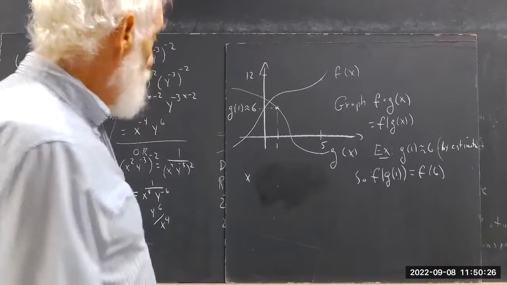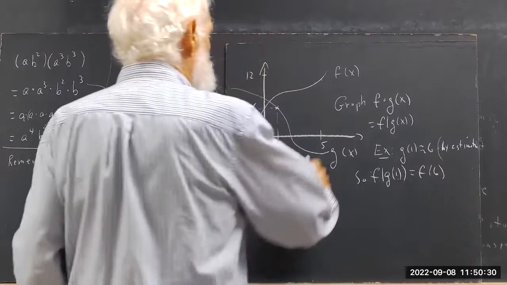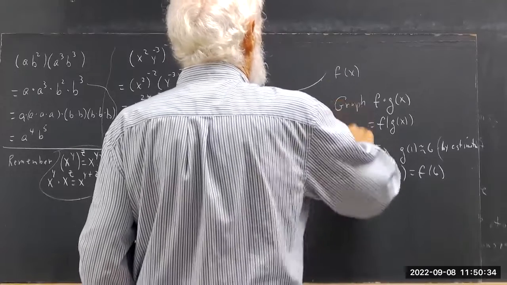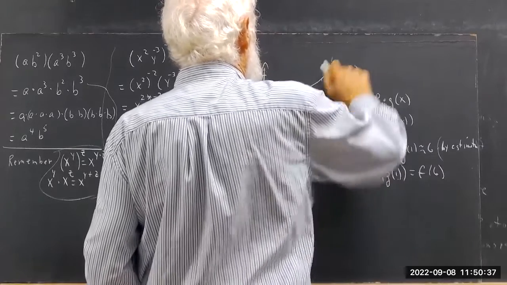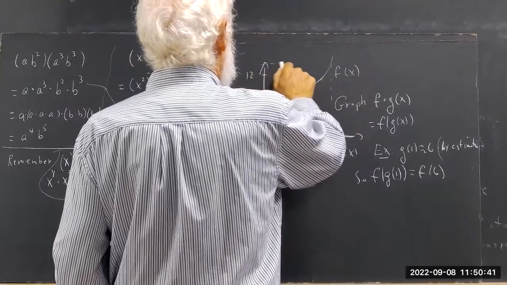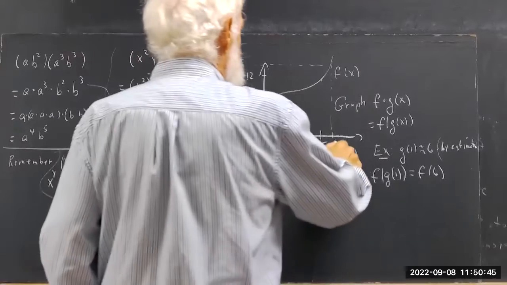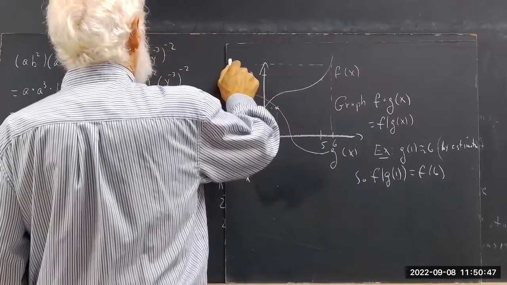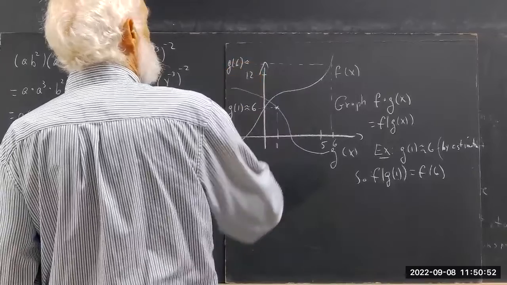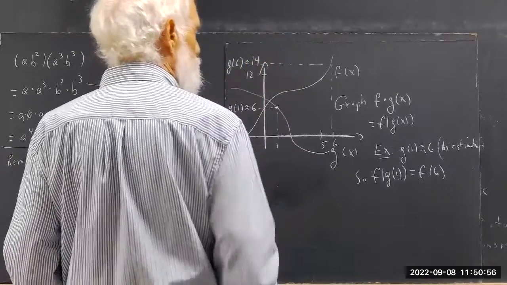Now I've got a little bit of a problem there because 5 is here, 6 is here. Maybe our graph doesn't go all the way out to 6. Well, I'm going to make it go all the way out to 6, so we can kind of extrapolate the graph. So here's 6. Here's g of 6. That's approximately, if that's 12, about 14.